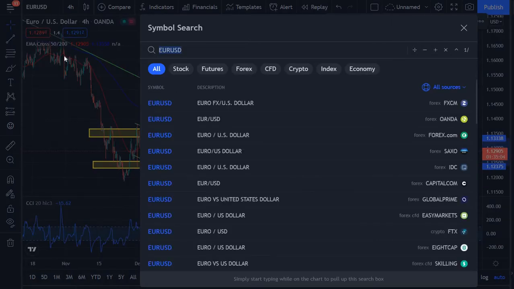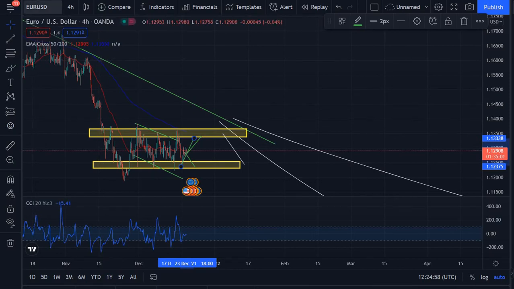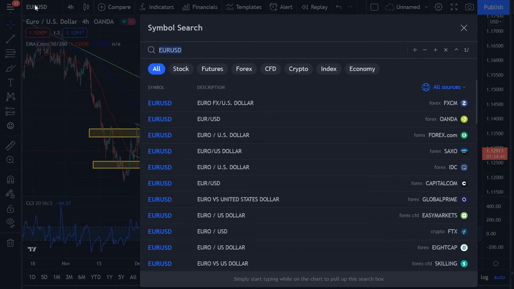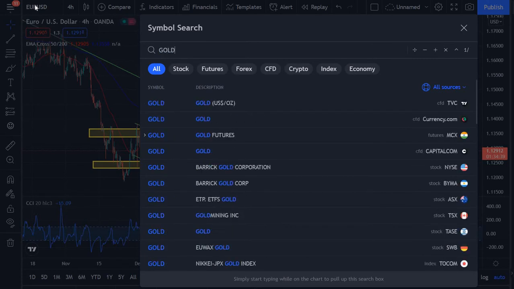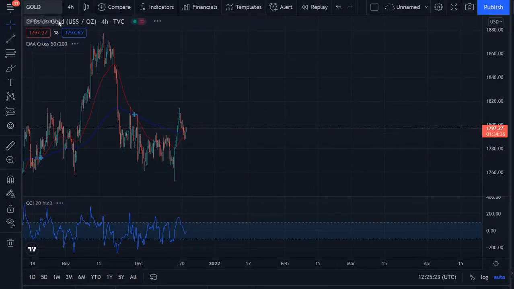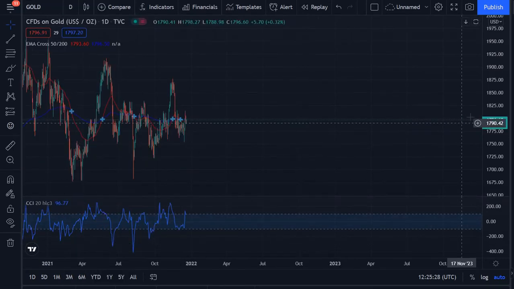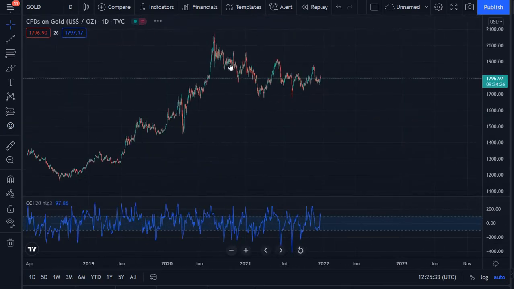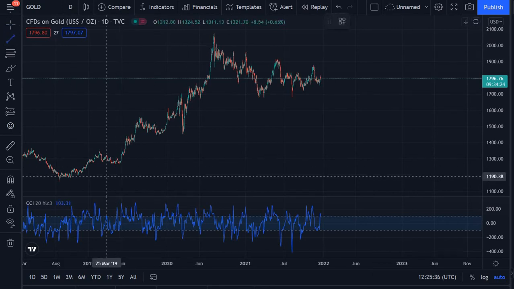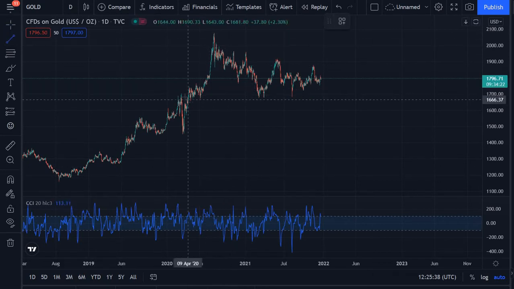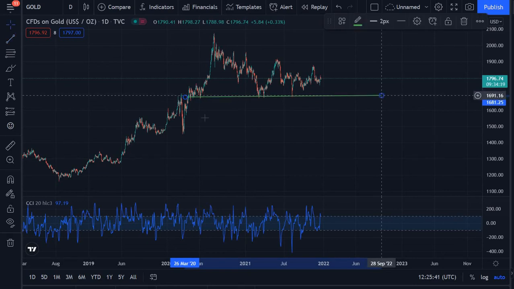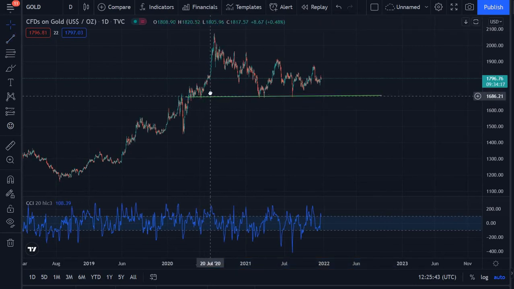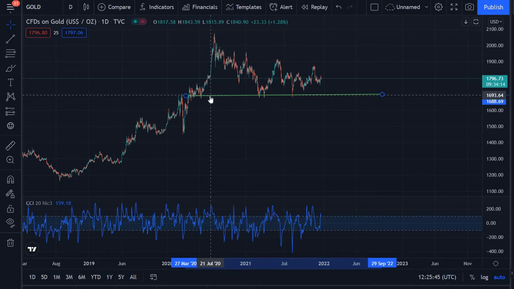Now taking a look at the, so since Euro USD often moves similar to gold, let's check gold as well here. So basically, if we quickly get rid of this here and see a clearer picture, so pretty much here kind of a bigger support resistance area that is holding here.